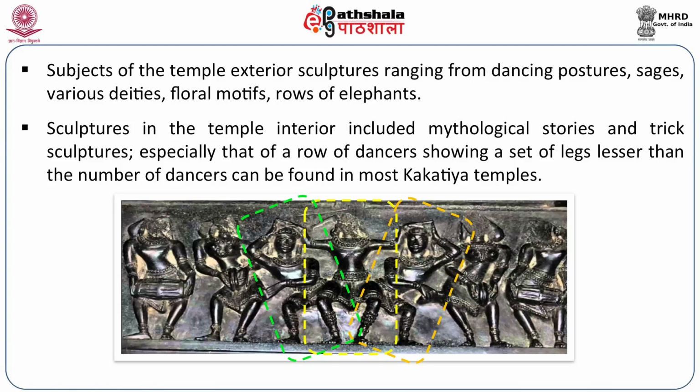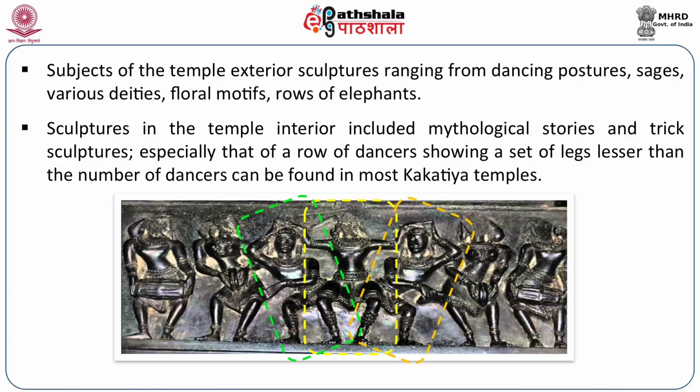Trick sculptures in the sense that there would be a row of dancers showing a set of legs fewer than the number of dancers. Like the dancers would be 3 and the set of legs would be, say, 4. As you can see here in the panel itself, such sculptures can be found in most of the Kakatiya temples.